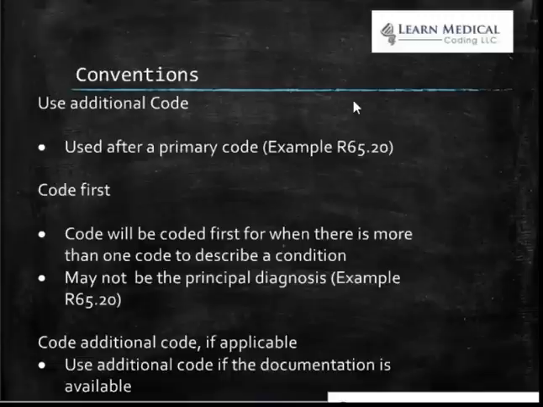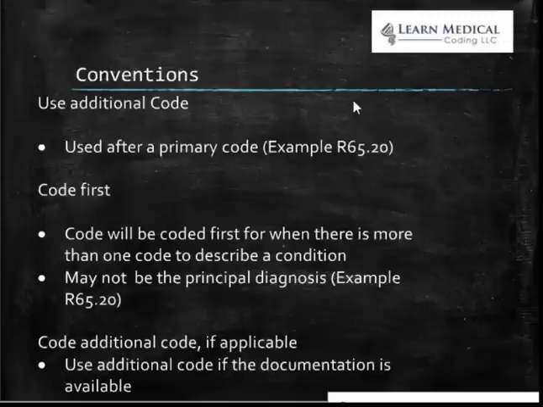So we're going to pretend that the patient was diagnosed with severe sepsis. Along with that, the patient had acute renal failure. So you need to code a code first, which is a code before the R65.20 that is required. In this case, we're going to have the sepsis NOS, which is A41.9. Then you will code the R65.20.